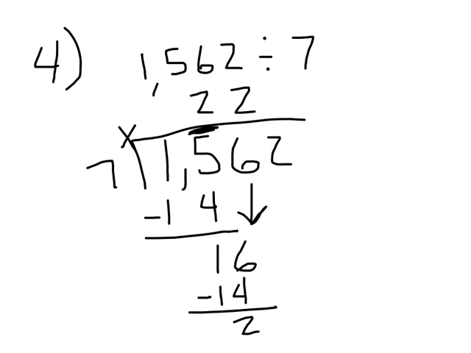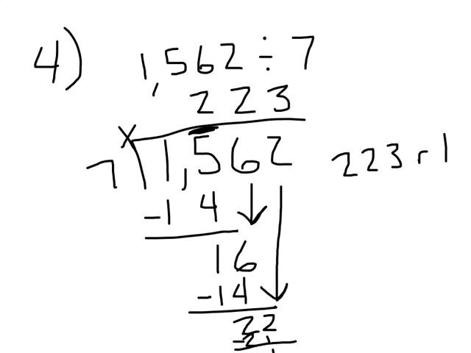I have 2 tens left over. I can bring down my 2 to divide in the ones place. How many times does 7 go into 22? 7 goes into 22 3 times. What's 3 times 7? It's 21. So, how many ones do I have left over? 1. The answer to this question is 223, remainder 1.